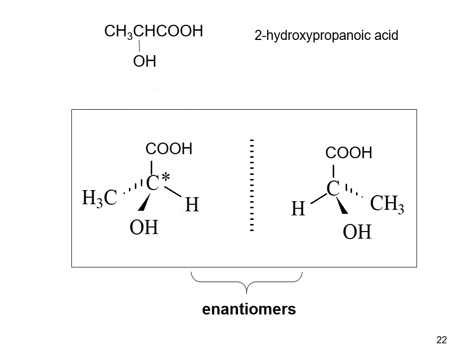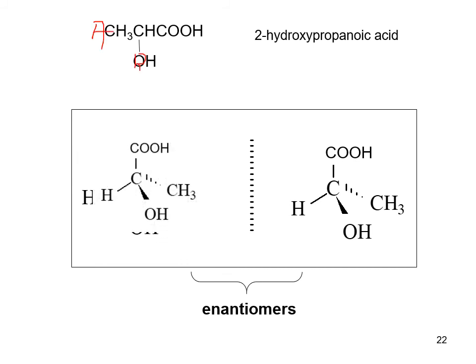So the message that I want to deliver here is, if you put A over here and then followed by B and then C and then D, while you draw the enantiomer, you must follow the A, B, C, D sequence. Meaning that here is A, here is B, here is C, here is D. You have to follow the sequence.